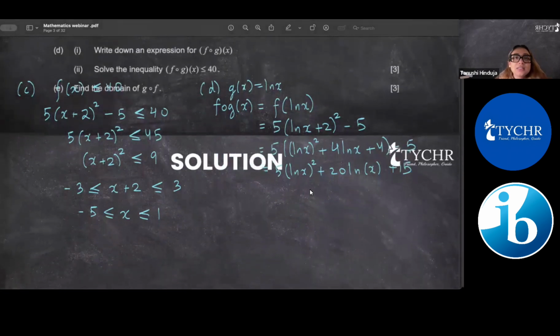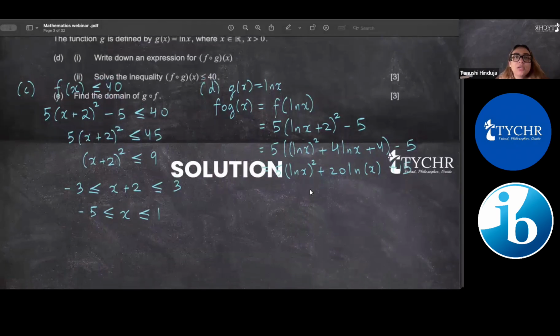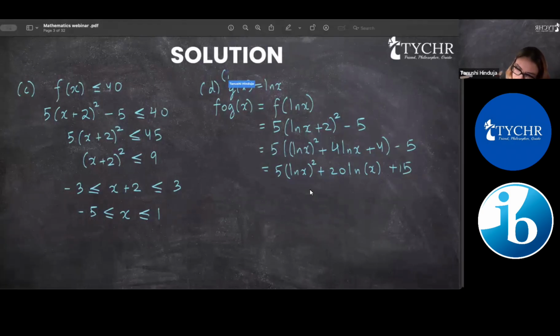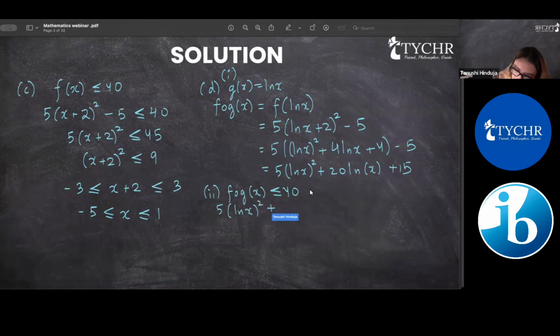Next, they are asking to solve the inequality when our composite function is less than or equal to 40. So this was the first part. Now we have to solve for the composite being less than or equal to 40, which means 5 times (ln x) squared plus 20 ln x plus 15 is less than or equal to 40, which means I can take the 40 to the left.